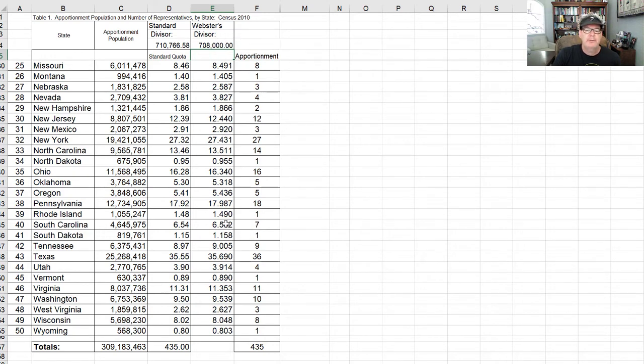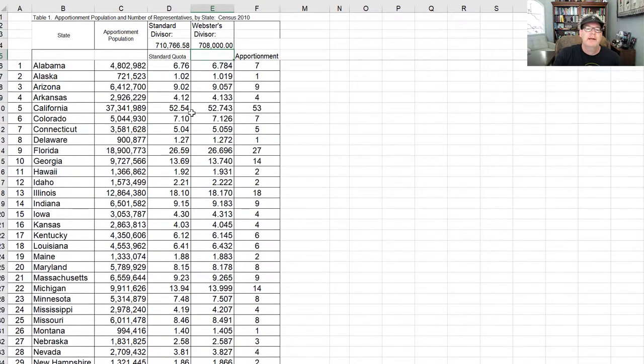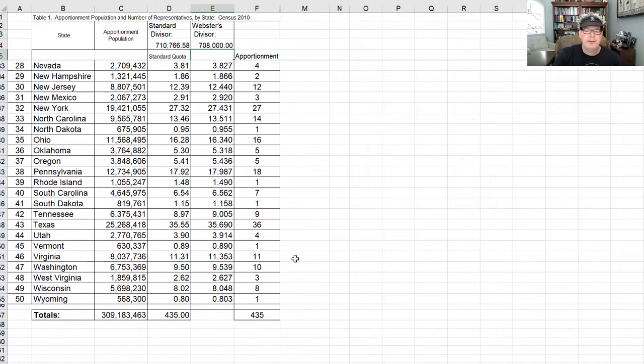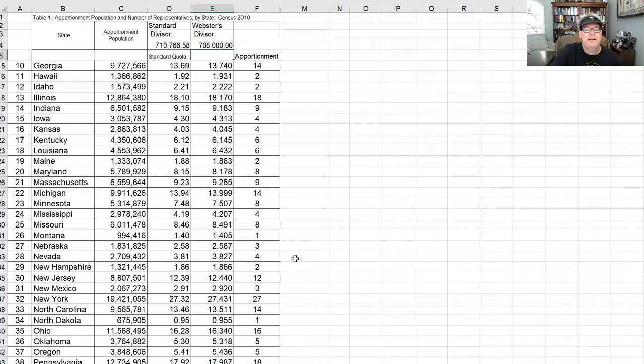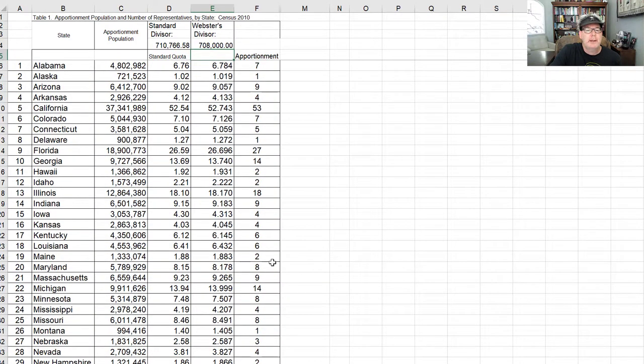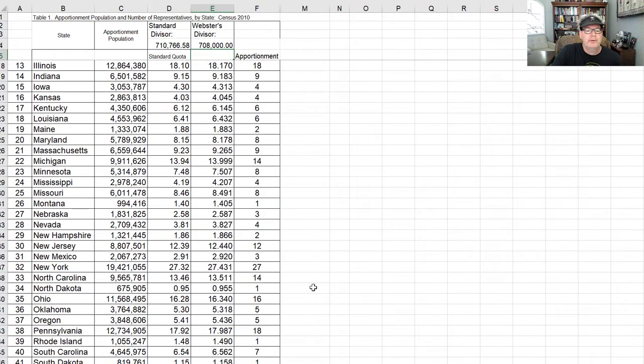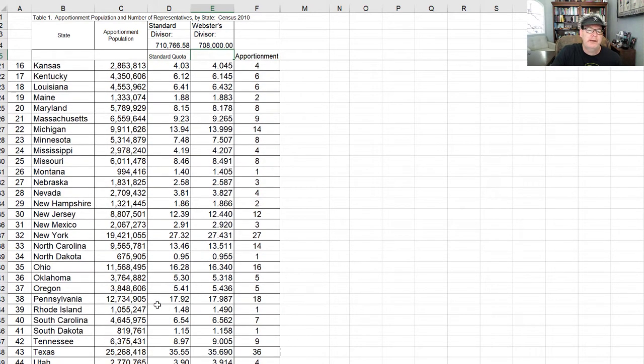And now regular rounding, dividing each state's population by that number, gives the apportionment. So notice the 2 states that gained a seat were not Minnesota, although Minnesota did gain, but it wasn't Rhode Island, which was actually ahead of Minnesota on Hamilton's method.